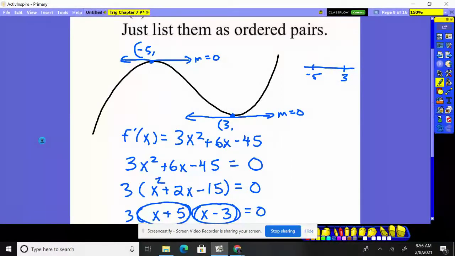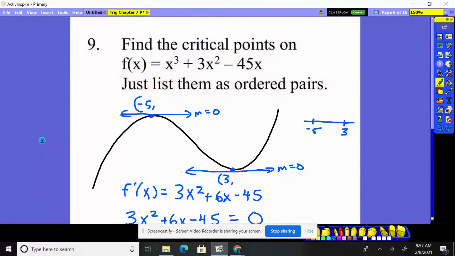Now, again, I didn't even ask you to, I just said put them as ordered pairs. I don't need to know who's the relative minimum, who's the relative maximum. I just want the ordered pairs. So how am I going to get the y value? Now, notice those points are on the black line, the original black line, right? Now, the original black line was that equation there. So all I have to do is plug negative 5 into this equation and 3 into this equation, and that will tell me where the height is, the y value.